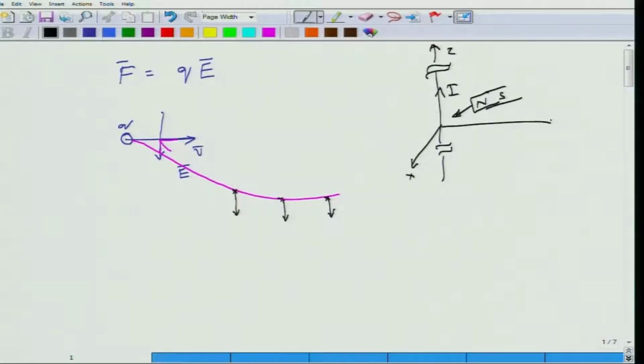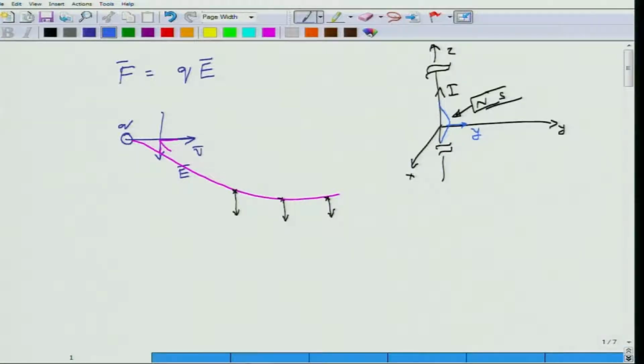I have told you that when I do this, the wire would just get deflected a little bit towards the y axis, and there is no electric field introduced here. So, there must be something that is happening from the magnet that is causing the wire to deflect.